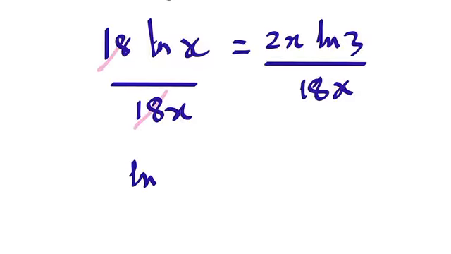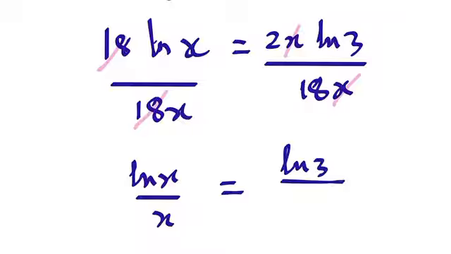So we have ln of x over x, then equals. Now we see that x, we cancel x. Then also we're going to have ln of 3 over, so 2 here, 1, 2 in 18, so we're going to have 9. So we're going to have ln of 3 over 9.